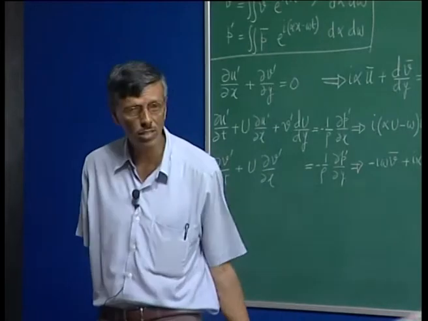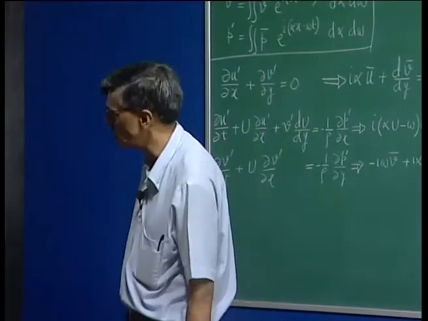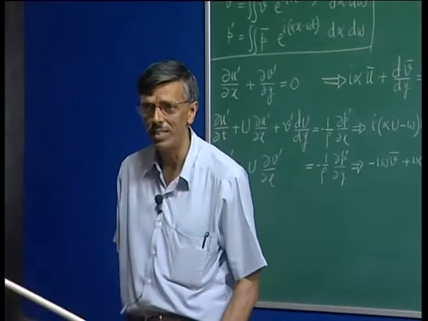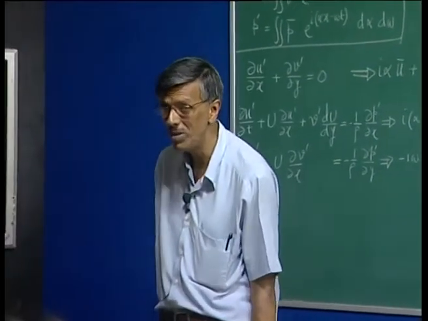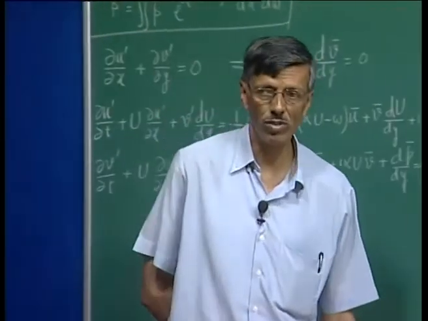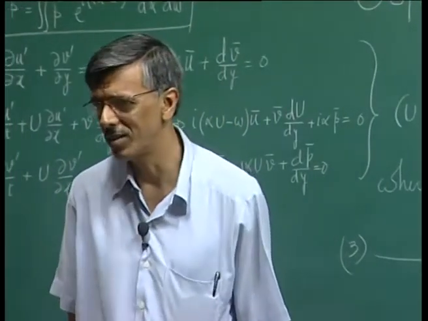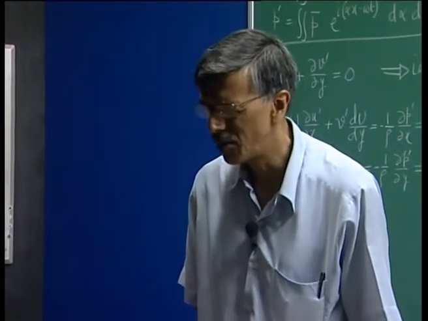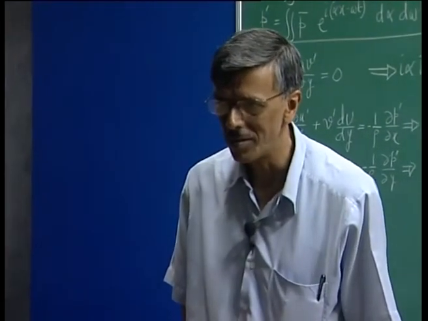I need that integral to vanish, and for that integral to vanish I must have the second derivative vanish somewhere in the interior of the domain. Please mark my word, I am using the words in the interior of the domain. It is not necessarily at one of the ends of the domain.